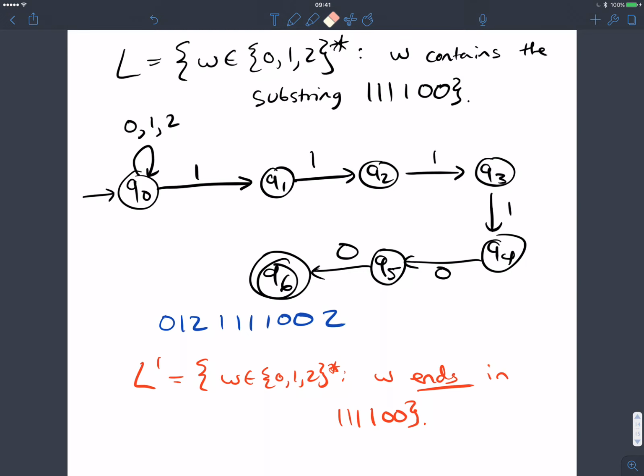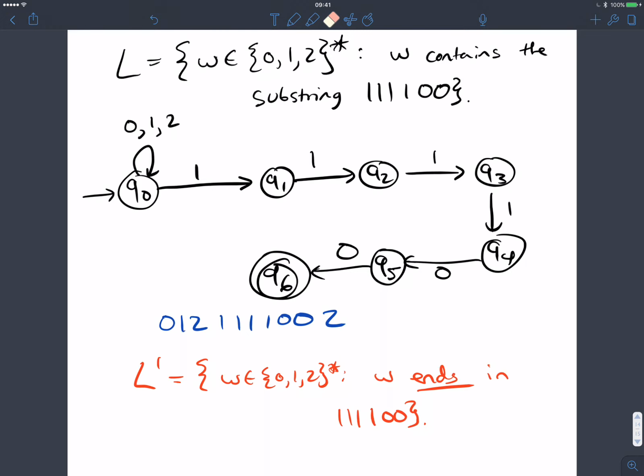Why is it L prime? How can you tell? Well, how do you know that L prime is the language of this modified NFA, or is it some other language? How do you know it's that L prime? Right. So think of a computation.